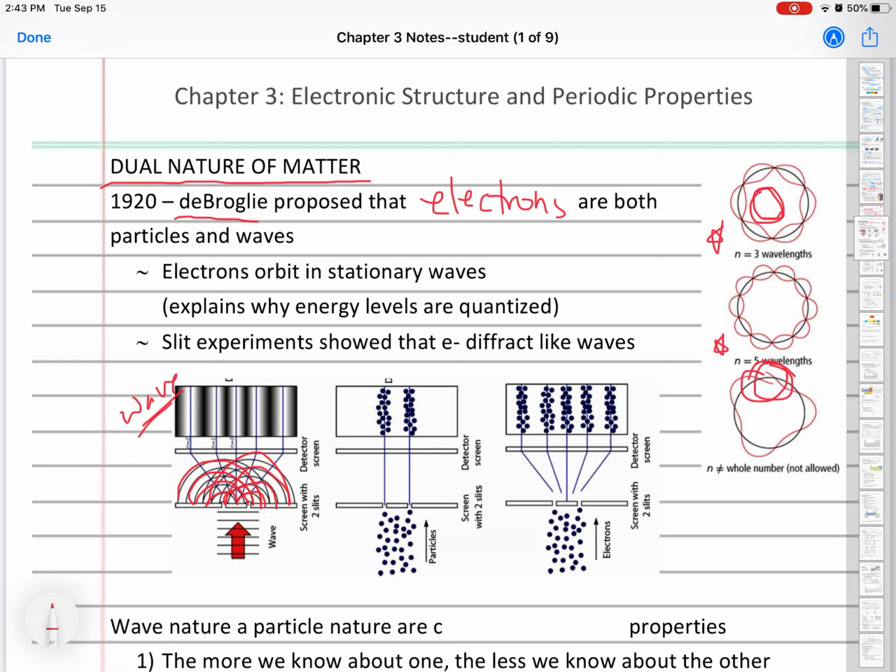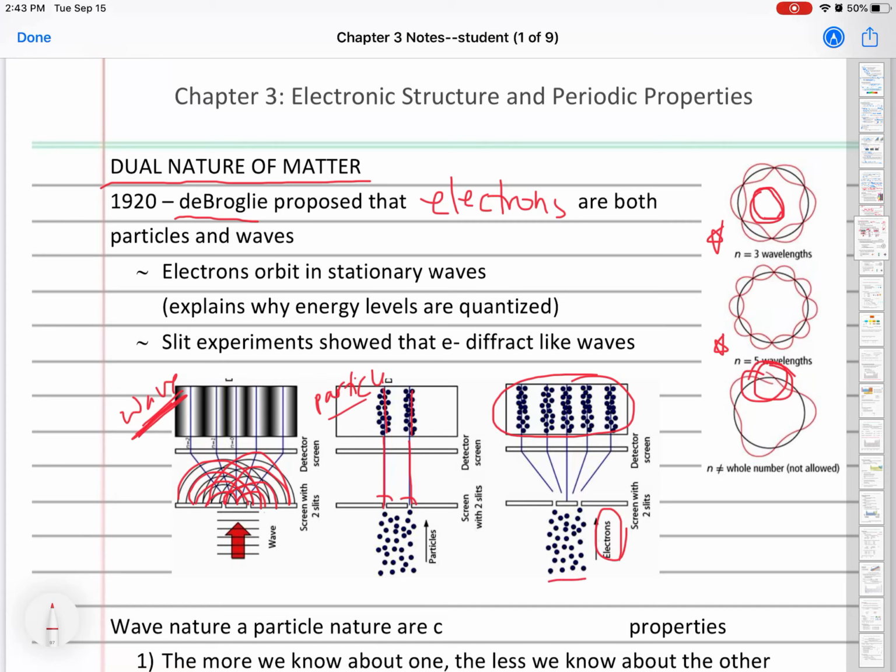If you shoot particles through a slit, they should go straight through. So if something is behaving like particles and you have two slits, you should just get two lines. So this is the result we expect if something is behaving as a particle. Well, what they did was they took electrons and fired them at this screen with two slits in it. And what they found, the results were what you would expect for a wave.